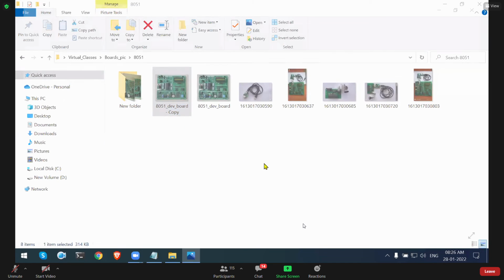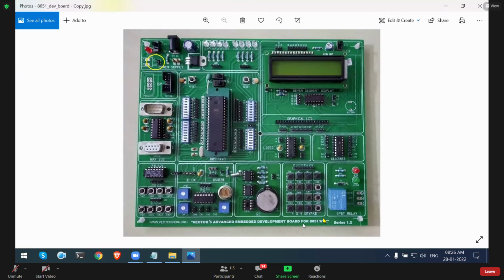This is our 8051 microcontroller board, and this is the 8051 microcontroller. This is the external crystal oscillator, and on the board itself you will get this external crystal.